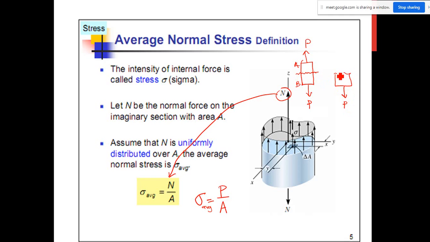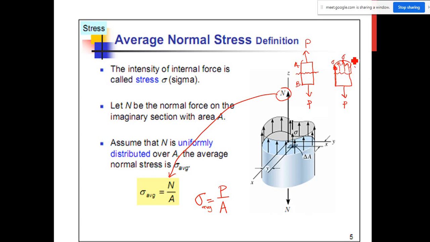Inside the material, the stress distribution is not uniform. For example, maybe at the center of the material, the value of the stress is slightly higher compared to the outer surface of the material, where the value of stress may be lower than at the center.